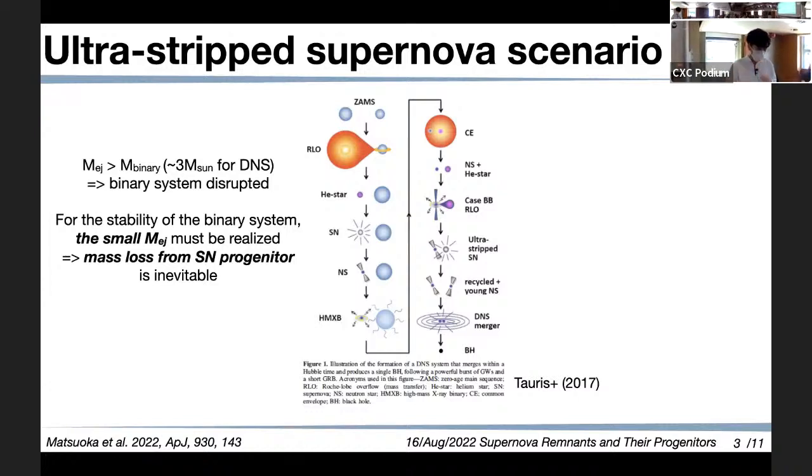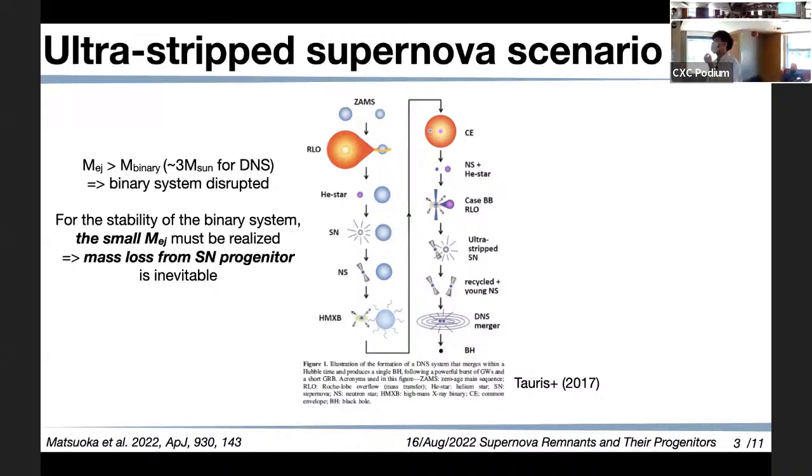Actually, there is a problem: if the ejecta mass is larger than the total mass of the binary, then the binary becomes unstable and dynamically disrupted. So in order to avoid such an unstable situation, the ejecta mass should be small. Therefore, in the process of stellar evolution, mass loss from the supernova progenitor is inevitable.